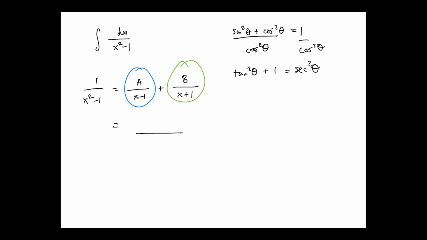Well, what's the common denominator going to be? It'd be that, right? And I'll just leave it in factored form. What about the numerator? Well, I would need A times x plus 1 and B times x minus 1.